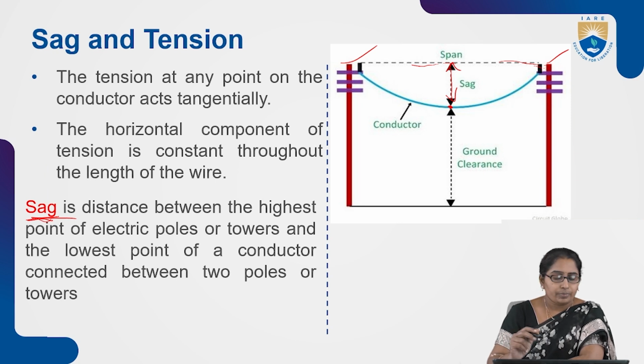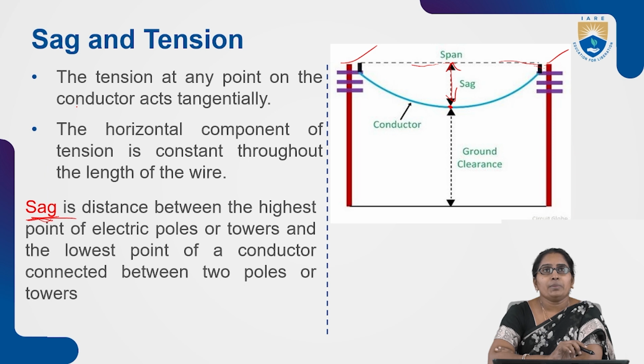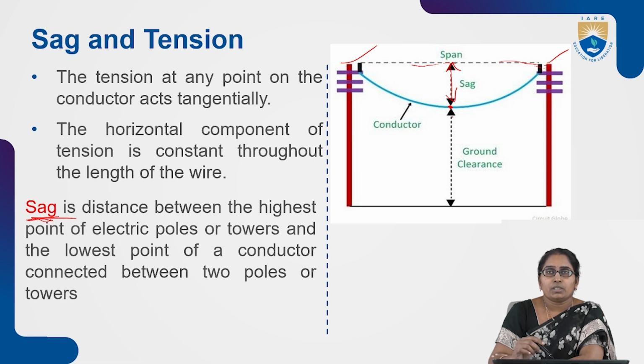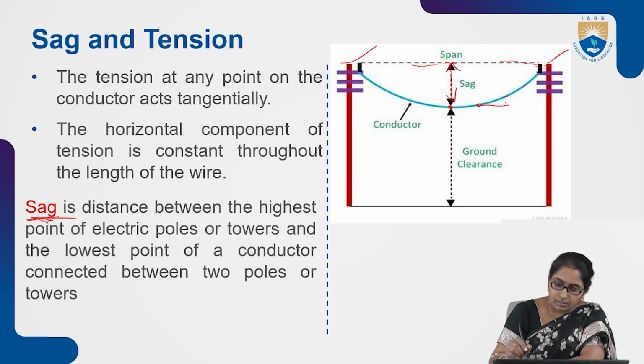About this tension, there are two points we can see here. The tension at any point on the conductor acts tangentially. If we take the conductor between the two poles, at any point, wherever the tension is, it acts tangentially, like this, or in the other direction also.